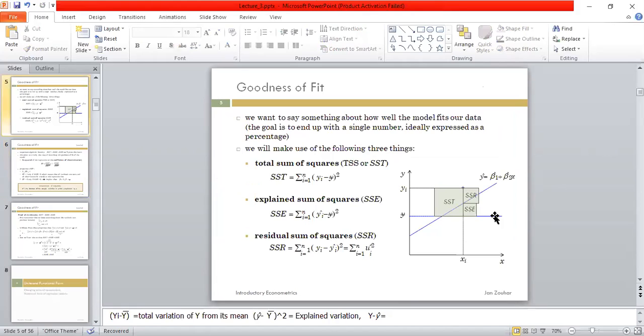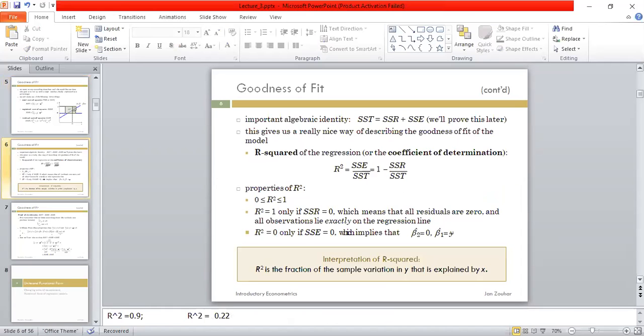Is there any variation in y due to x? No. So x increases, y does not change. That means x is not explaining y at all. You see what I mean?